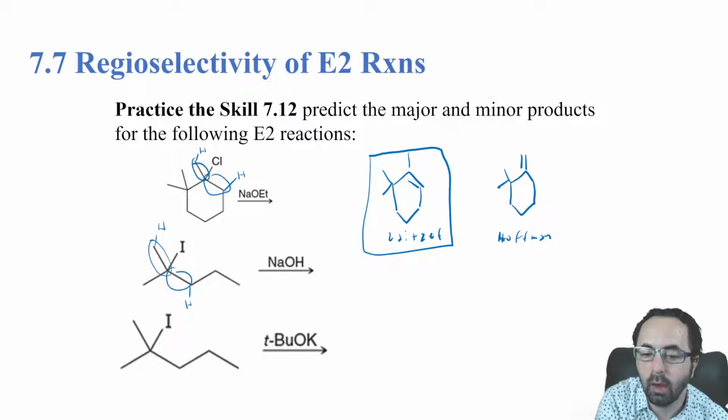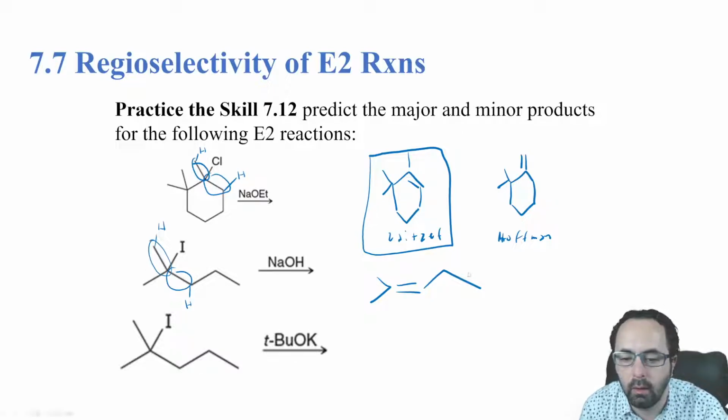In this case, we have hydroxide, which again is not sterically hindered, so we're going to get the more substituted product. The double bond will be right there. So that's this double bond here, and then we have the rest of the molecule. These two methyls are right here on the left. Double bond is here.